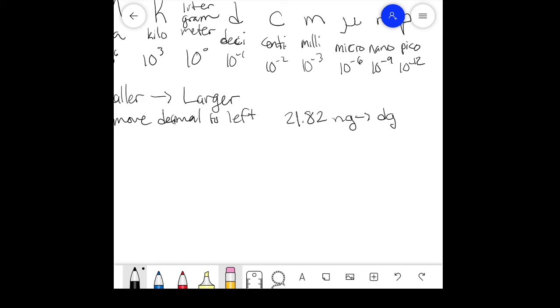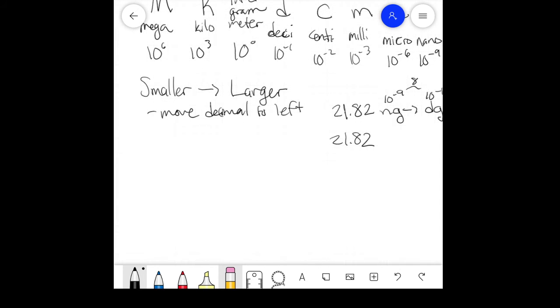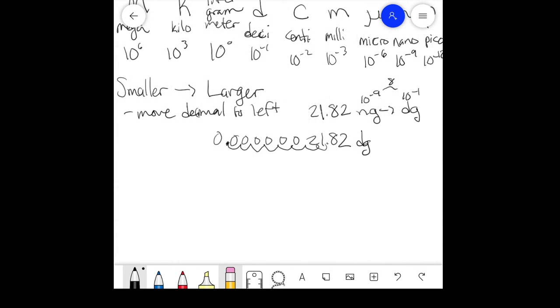Nano is 10 to the negative 9th, deci is 10 to the negative 1. So the difference between that is 8. We're going to need to move the decimal 8 places to the left. That's where the decimal place goes, and then just fill in all those little humps with zeros. And that is how many decigrams are in a nanogram.